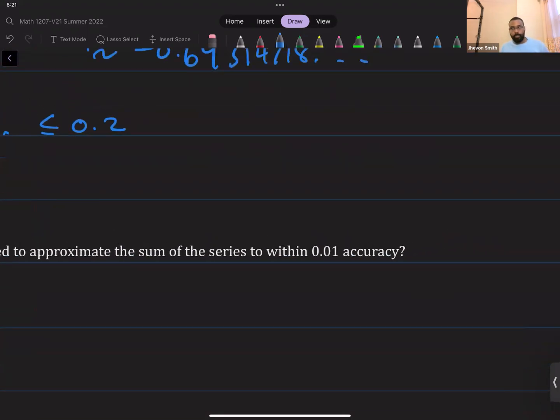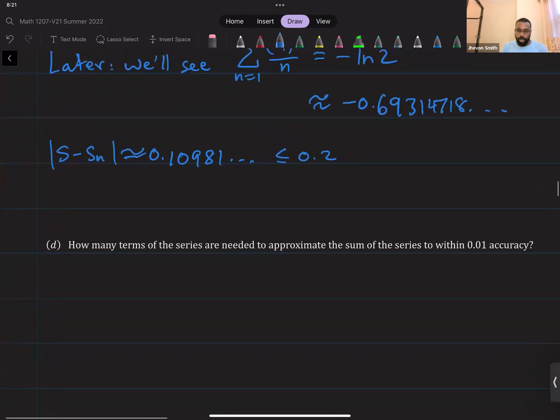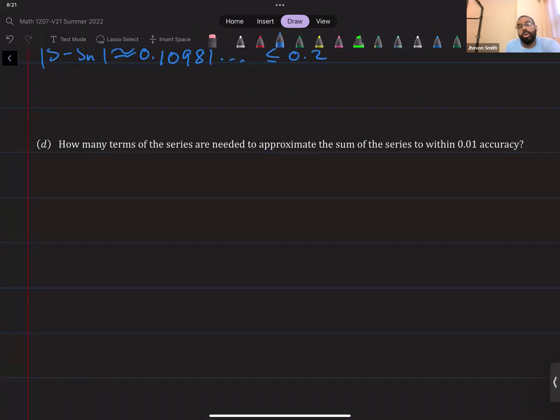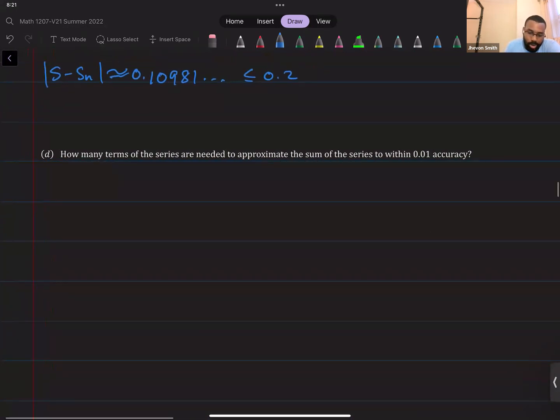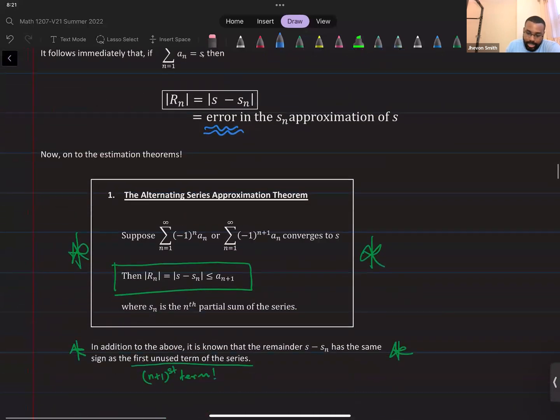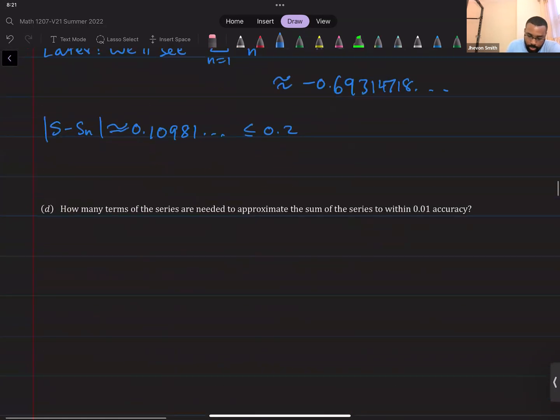Like, how many terms would I need? So here's the thing. We know the alternating series approximation theorem, or by the time it comes around to being tested on it, we will know the alternating series approximation theorem. And we know that the error is going to be given by the n plus first term. So we can actually use this to our advantage.